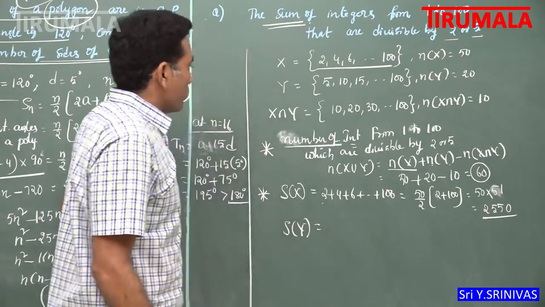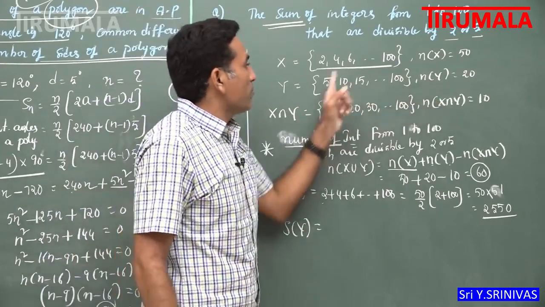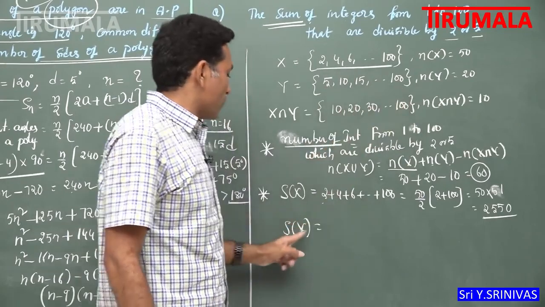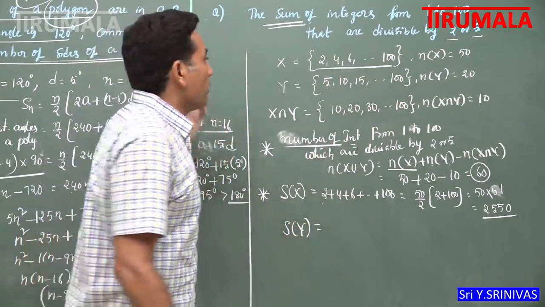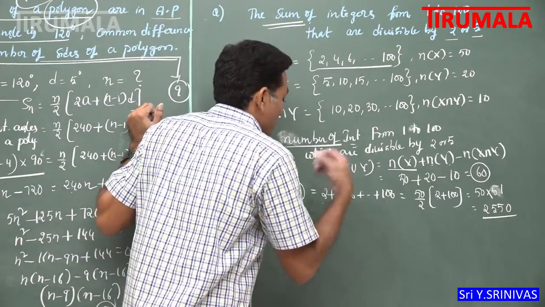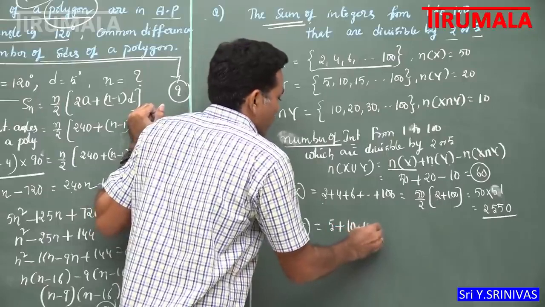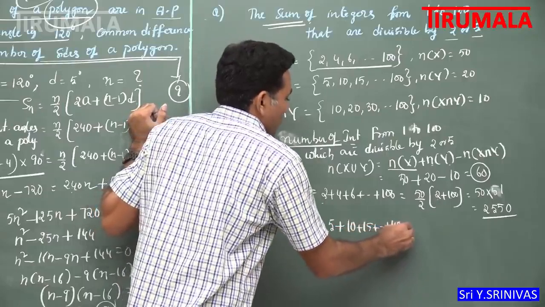Now next one is S of y. What is the meaning of S of y? N of y means the number of numbers which are divisible by 5. S of y notation is the sum of the numbers which are divisible by 5: 5 plus 10 plus 15 plus up to 100.